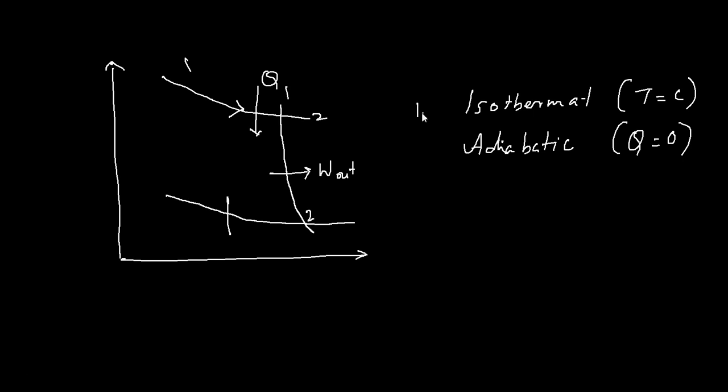So 1 to 2 is a reversible isotherm, 2 to 3 is a reversible adiabatic, and here you have the heat rejection to a low temperature sink, and then you will have the work input. So here is your work output, you reject the heat, and then you will have the work input.